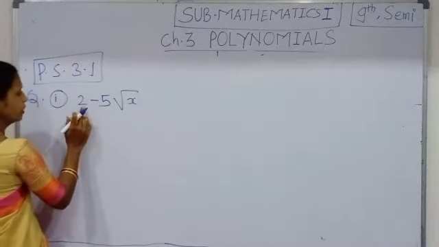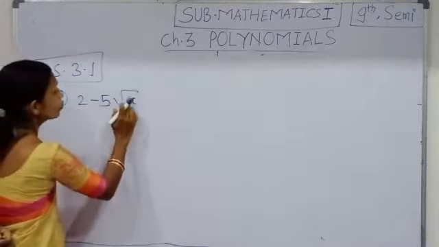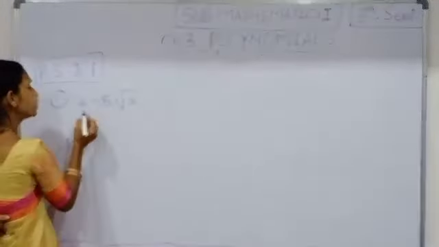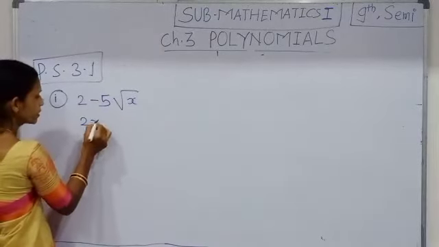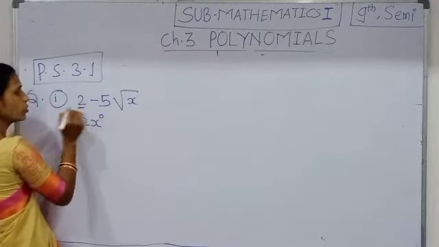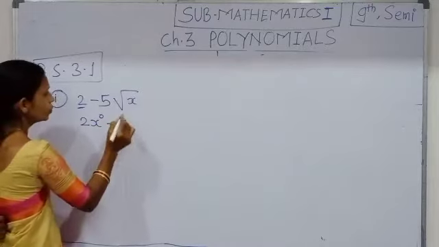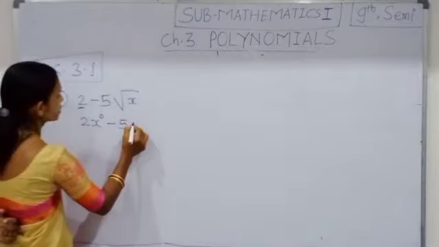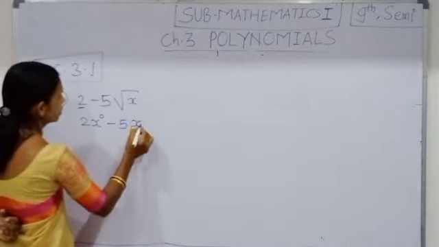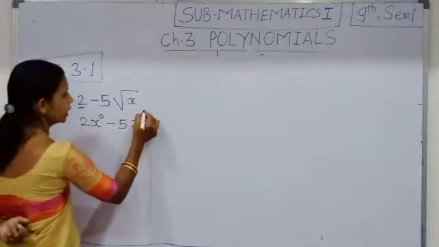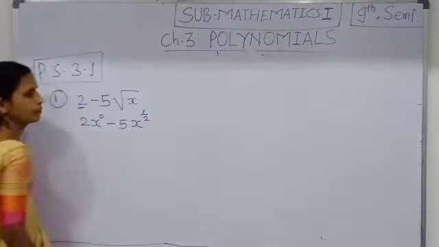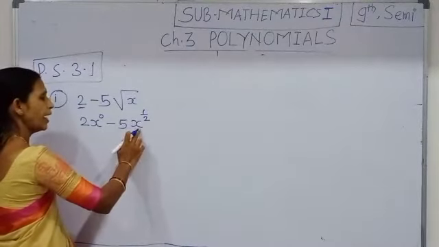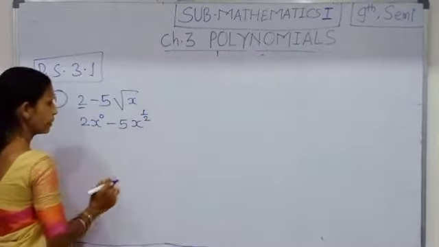Root x means we can write this as 2x raised to 0, because that is the constant term, minus 5 times x raised to 1/2. That means the index of x is 1/2.